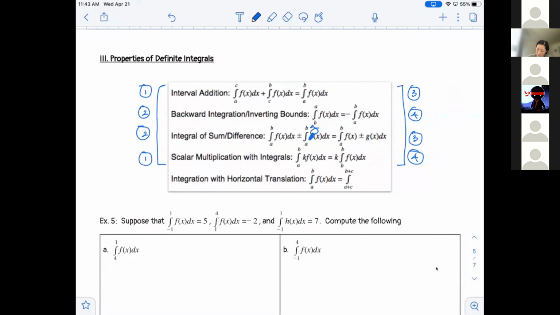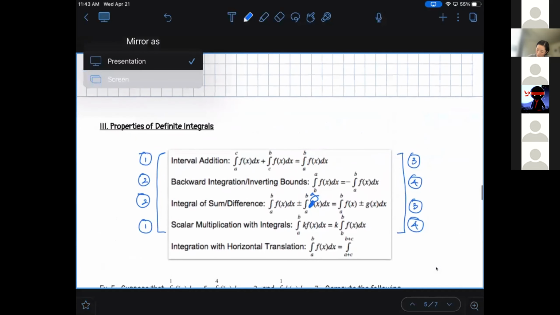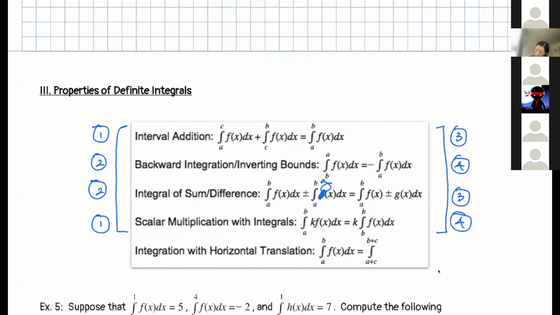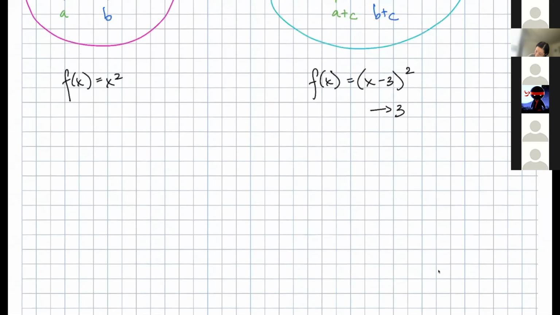Okay, so let me share my screen. Okay, here we go. So for this last one, if we were to grab the scalar multiple one, this definitely has a bunch of typos.